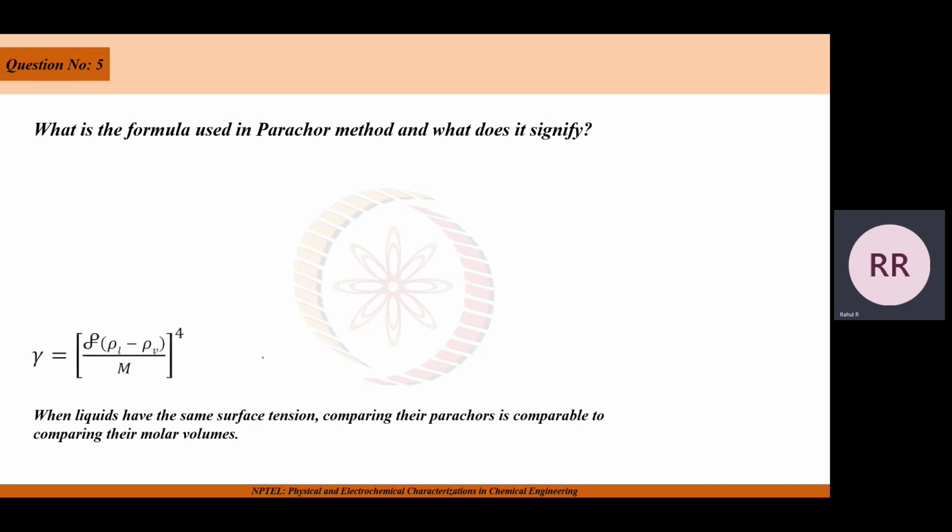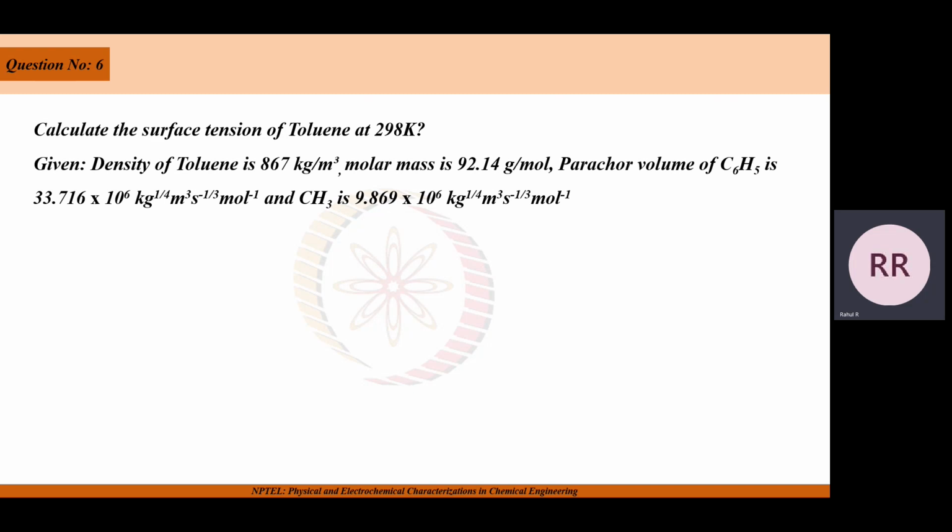So this is the formula used in the Parker method, and it signifies that the liquid surface tension, comparing their Parachors, is comparable to comparing the molar volumes. So this is the significance of the Parker equation.